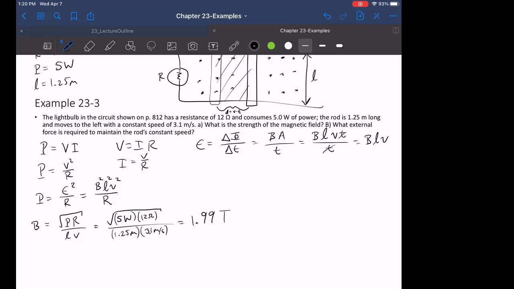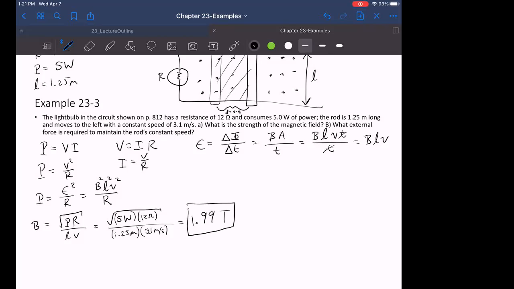All right. So what external force is required to maintain the rod's constant speed? Anybody think they can do that? Take a moment. Don't even look anything up. Anybody think they can come up with what that is? Anybody remember what the force on a current carrying wire is? Yep.